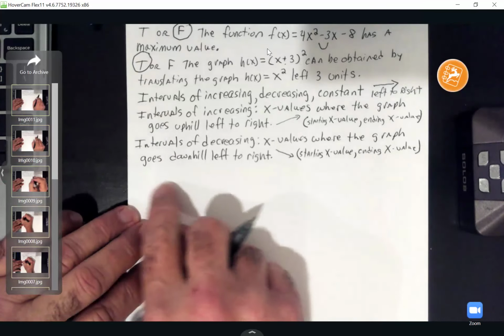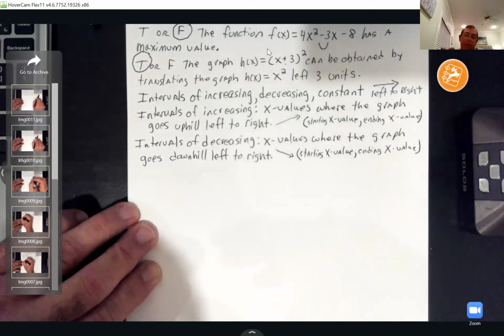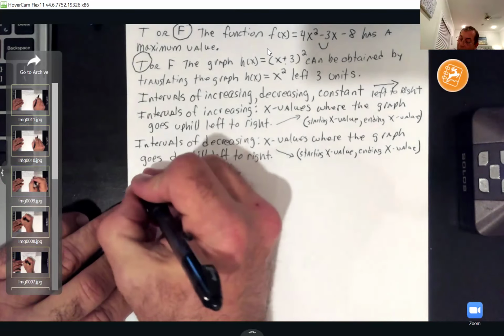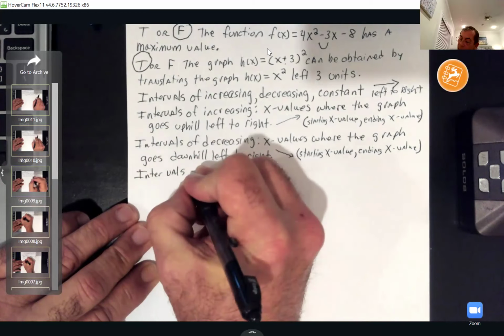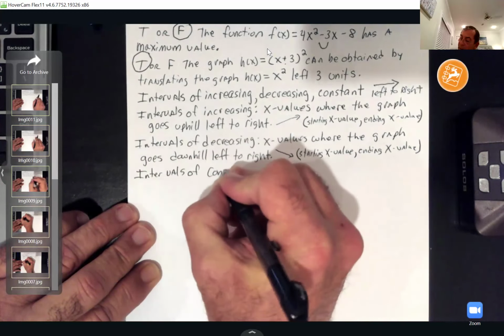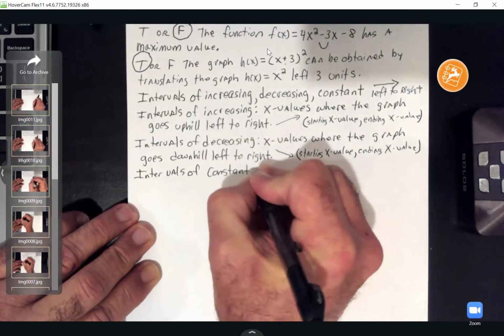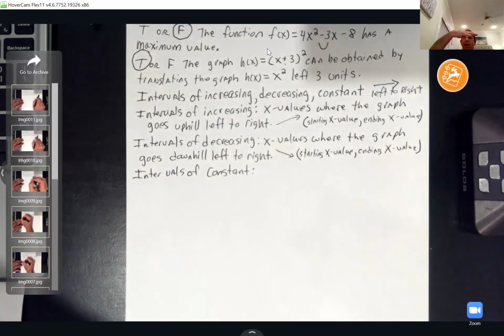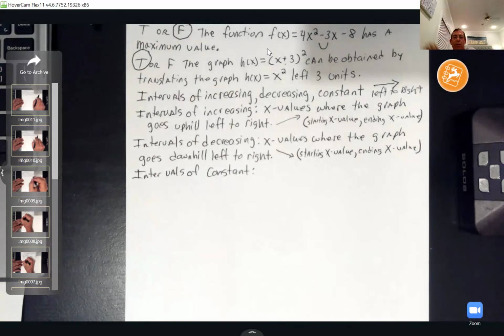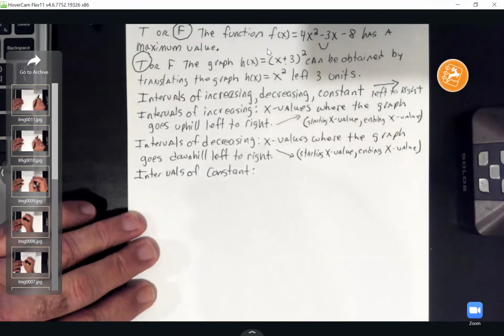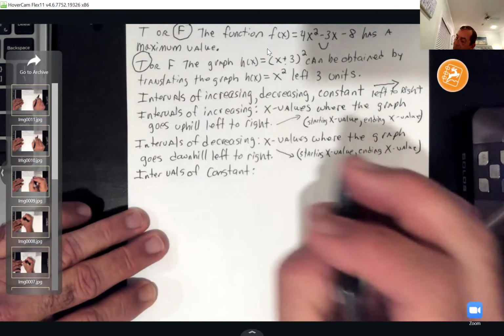And y'all, the next one will be for the support only because parabolas don't have this part. This will be intervals of constant. Remember, constant means the values stay the same as you go across. So these are going to make a horizontal line.